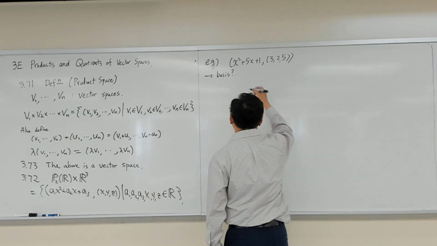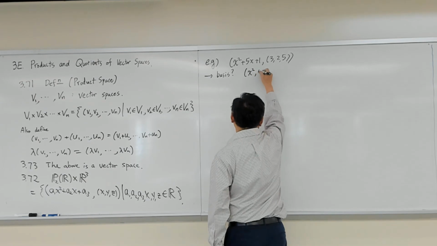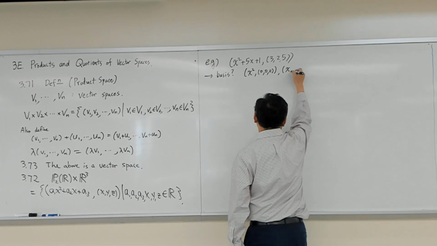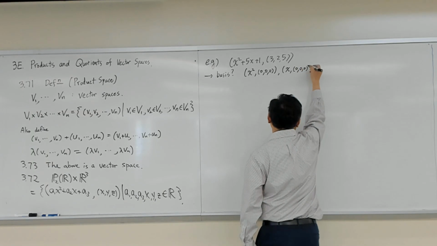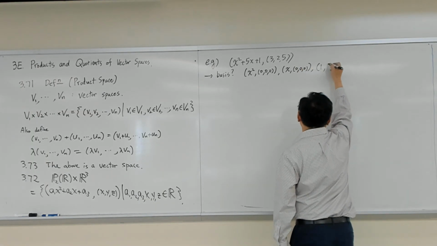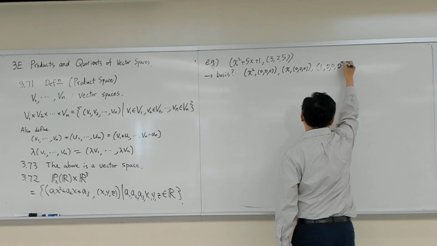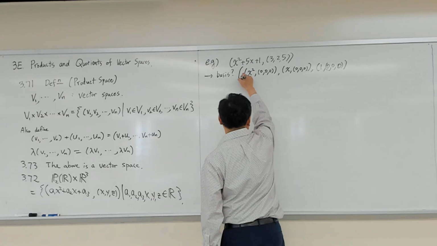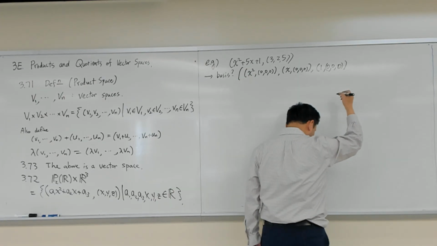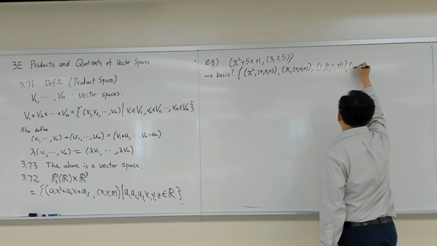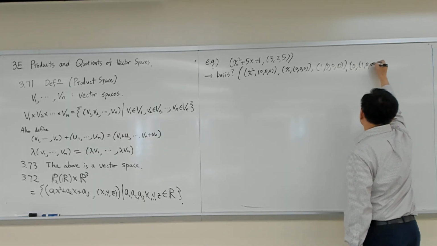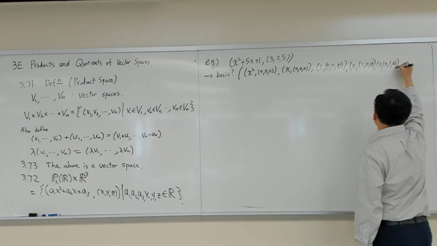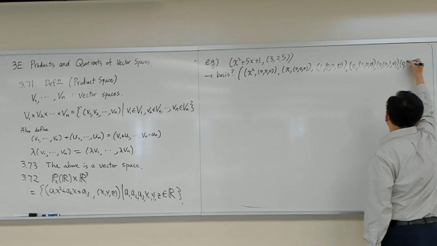Well, we can have (x squared, 0, 0, 0), (x, 0, 0, 0), (1, 0, 0, 0), and then I'm going to put a list here, (0, 1, 0, 0), (0, 0, 1, 0), and then (0, 0, 0, 1).